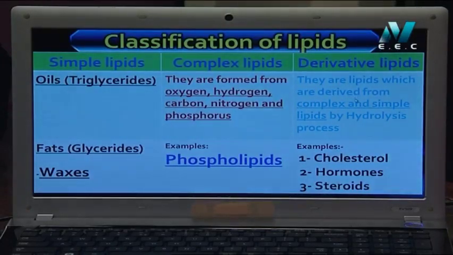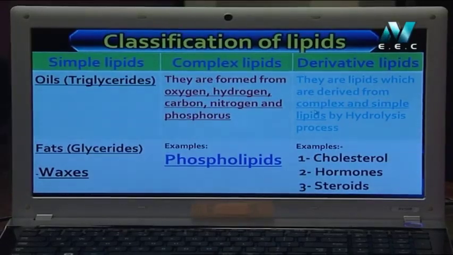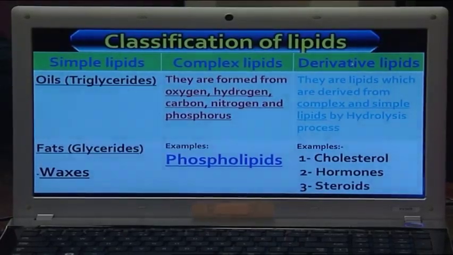These lipids are derived from complex and simple lipids by hydrolysis. What is meant by the word hydrolysis? Adding water, breaking down complex or simple lipids, producing derivative lipids. We have cholesterol, hormones, and steroids.